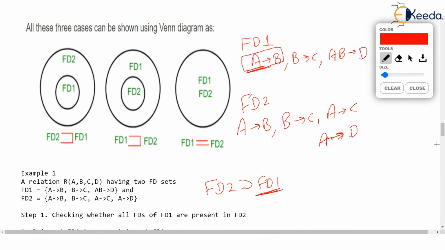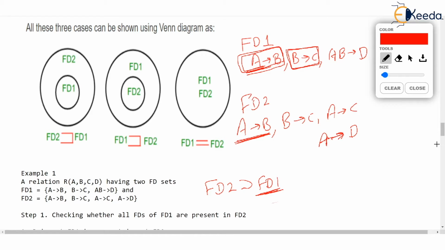So A determines B is given by FD1 and FD2 both. Now let's take another dependency, B determines C. Can it be derived by FD2 also? Yes, it is readily present again in FD2. Check that it is really present in FD2. So both these functional dependencies, first and second, can be derived by FD2.